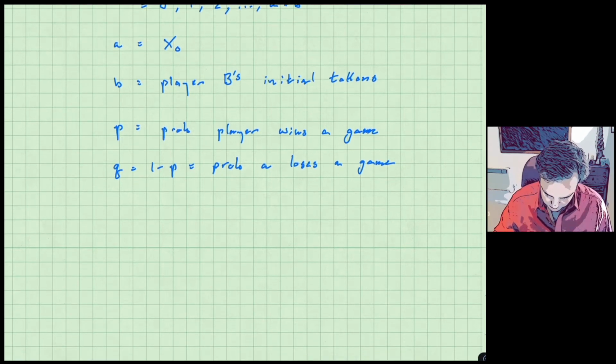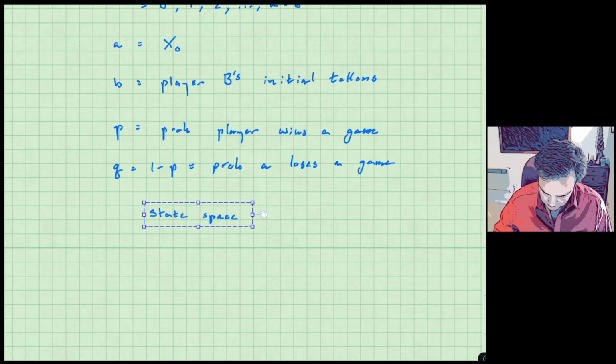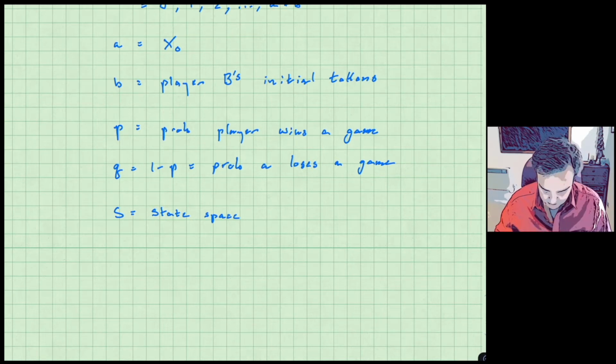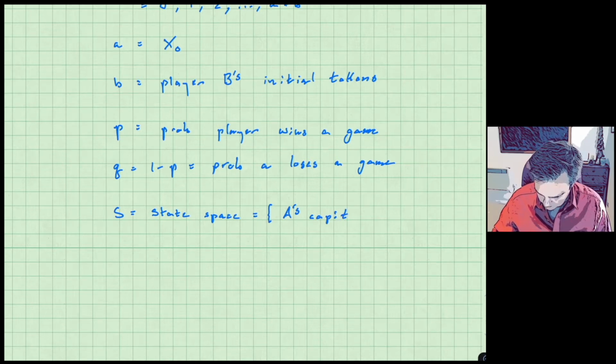All right, so we're going to name the states, or the state space. That's S. We're going to just remap them, so that these are equal to the set of all possible values of the number of A's tokens, plus 1.